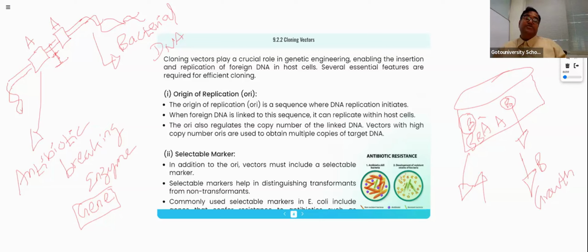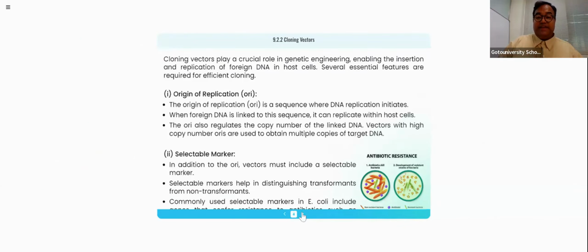Because my introduced insulin gene is disturbing this gene. That means I need this bacteria, so this bacteria can't make the enzyme to break antibiotic. That means it has the insulin gene. This bacteria I'll grow into millions and trillions, and then that bacteria produces insulin hormone. That is the way we are selecting the bacteria, right? So be very careful with all those things.